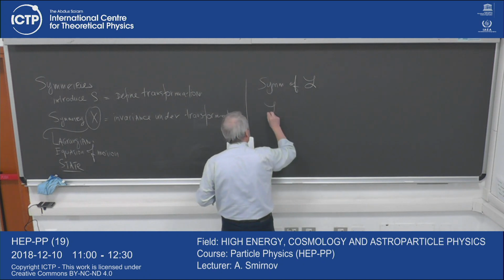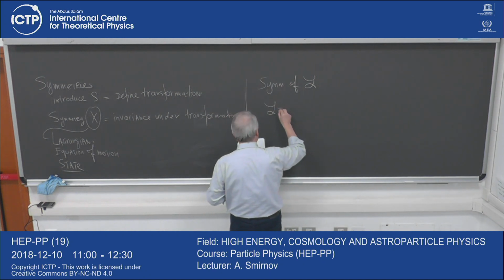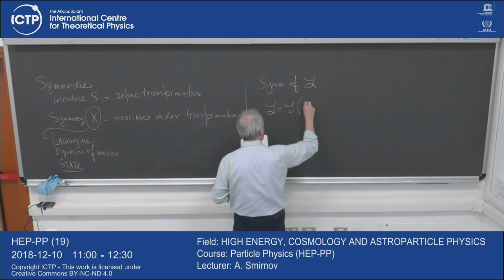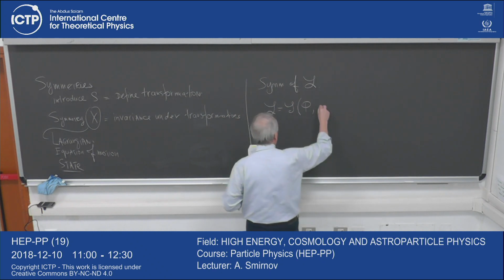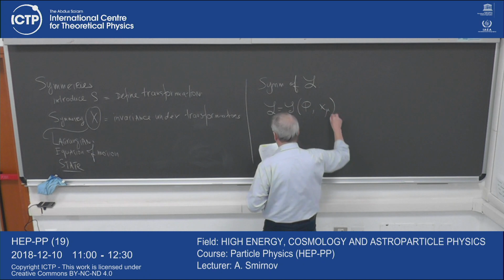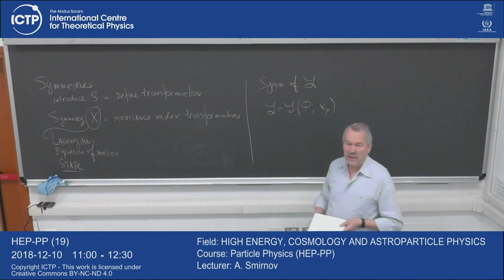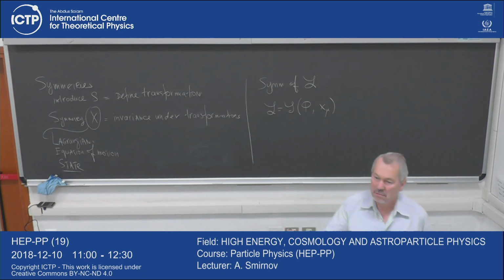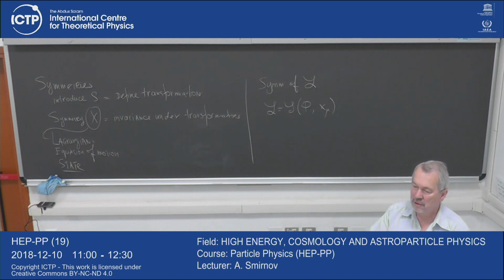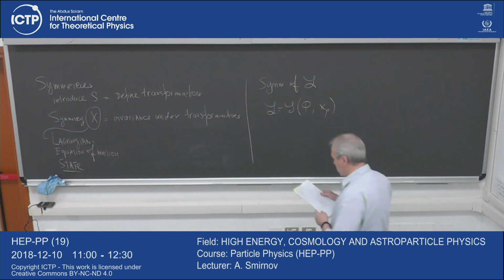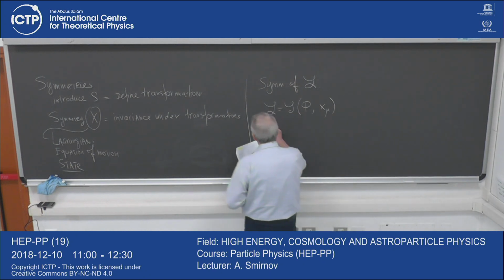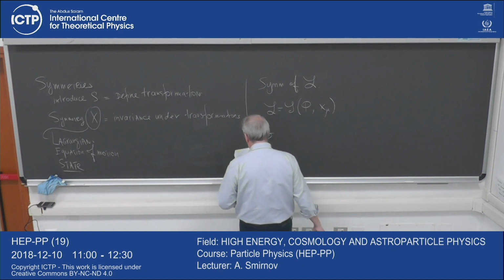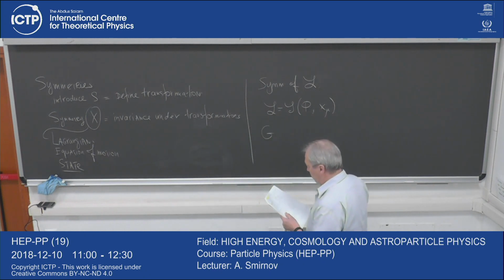So our Lagrangian in general is some functional which depends on the fields and coordinates. So in general we can transform coordinates and we can transform the fields, or we can introduce kind of combined transformations, fields and coordinates. So for this we are introducing transformation law.